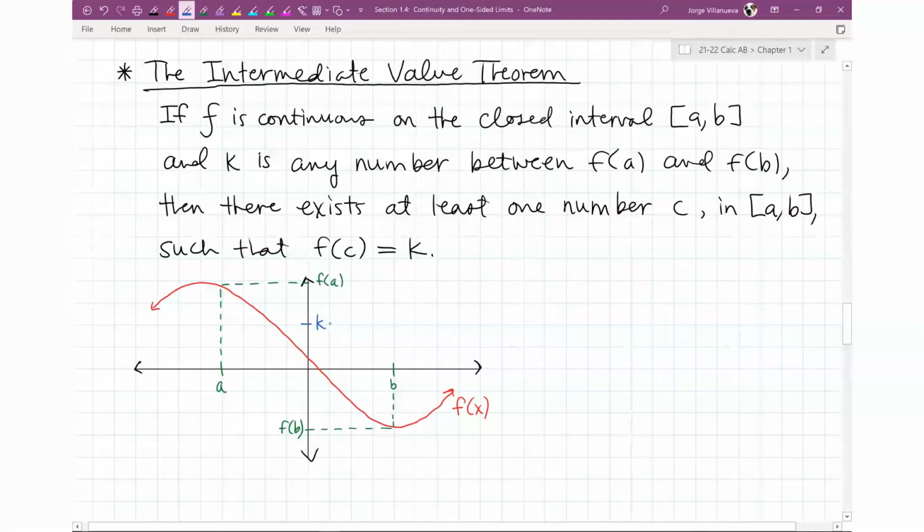It says, then there exists at least one number c in that closed interval such that f of c is equal to k. Well, I got to figure out where that c value is. But they said f of c has to equal k, so that means this must have come from the graph itself.